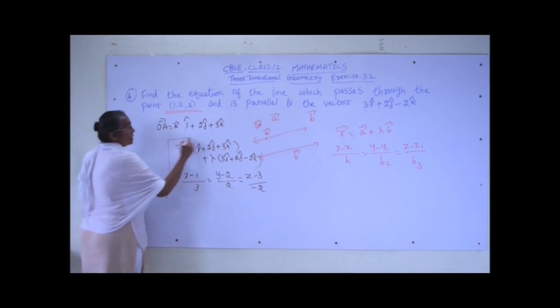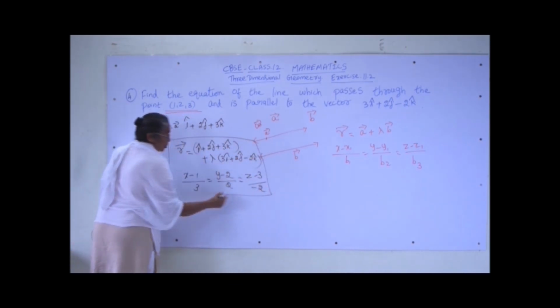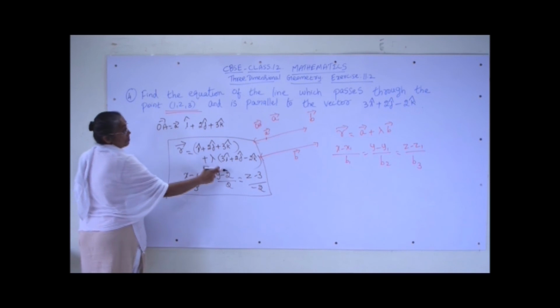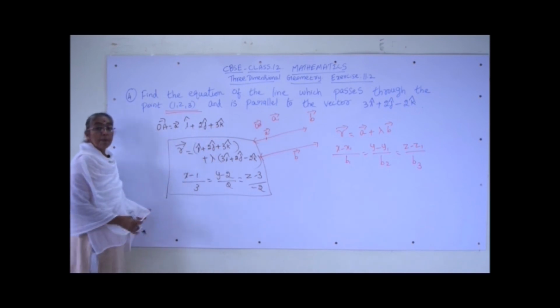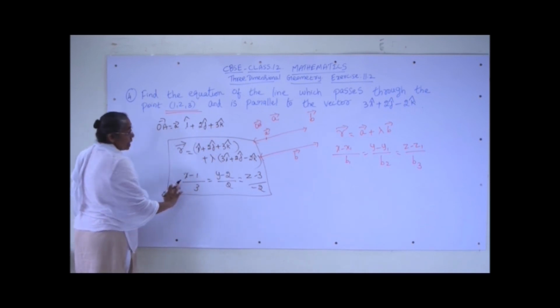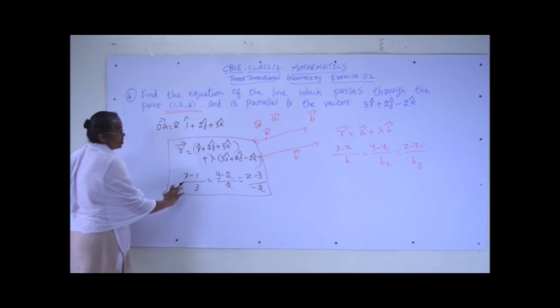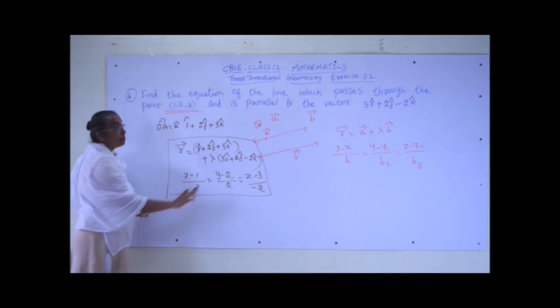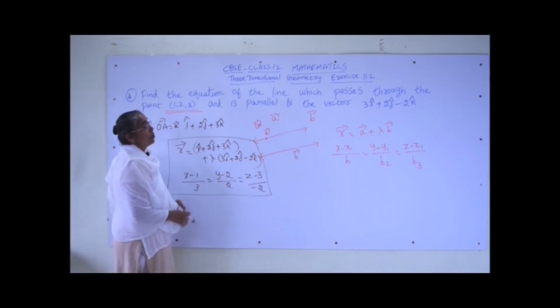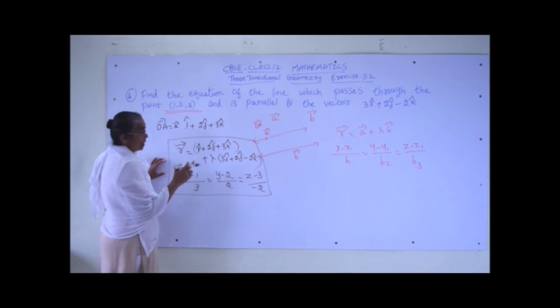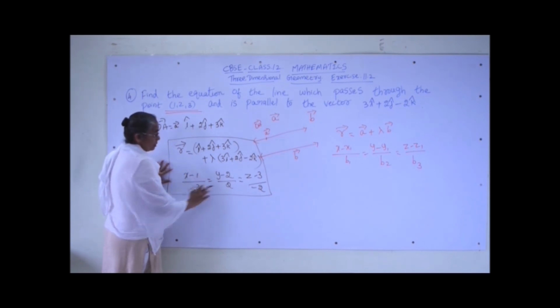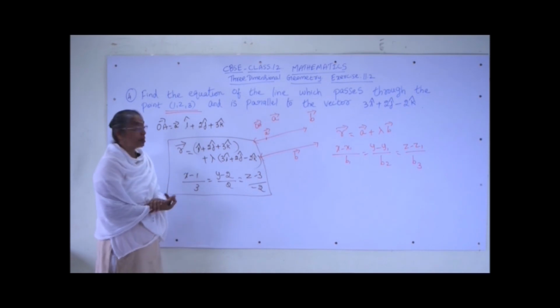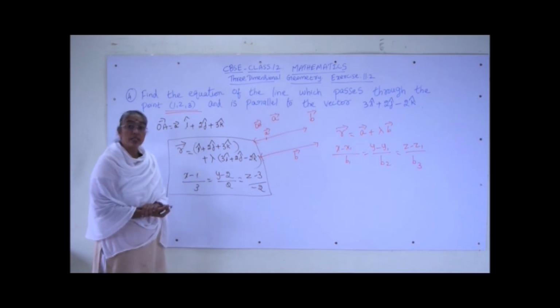So, the vector equation of the straight line passing through the given point 1, 2, 3 and parallel to the vector 3i plus 2j minus 2k is this one, and the Cartesian equation is x minus 1 by 3 is equal to y minus 2 by 2 is equal to z minus 3 by minus 2.